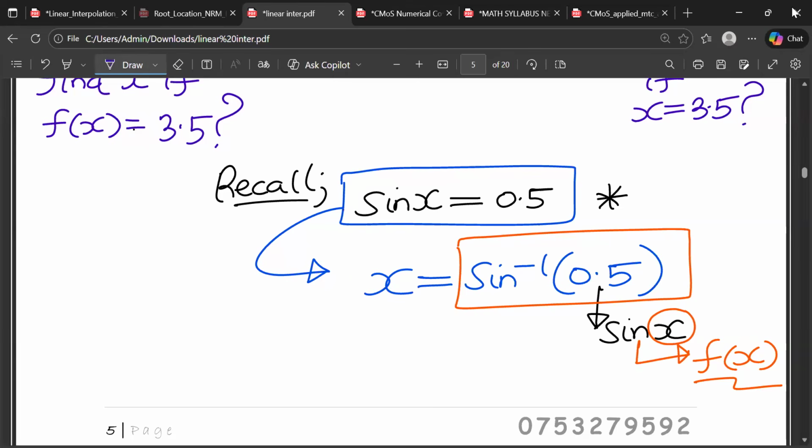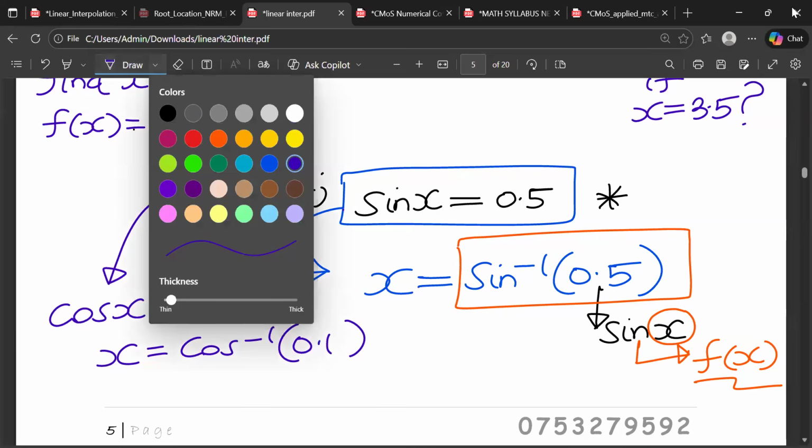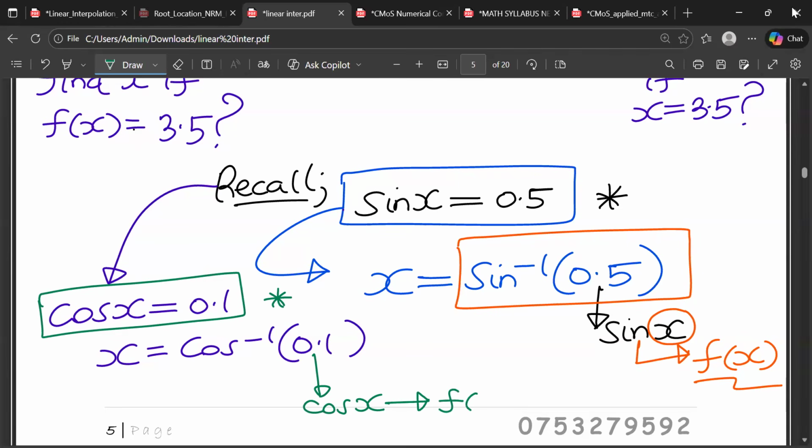If you're dealing with angles in trigonometry, and you say cos x is equal to maybe 0.1, the next step is always x is equal to cos inverse of 0.1. But this 0.1, according to the first thing, the 0.1 alone is cos x. And you all know that cos x is a function in x.